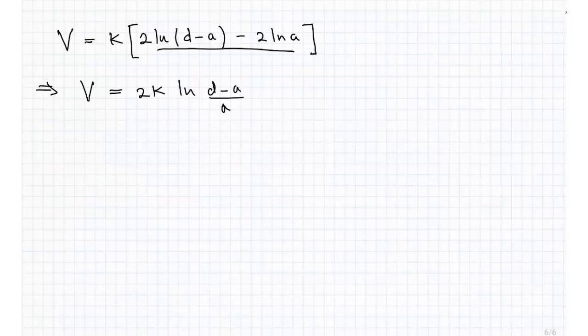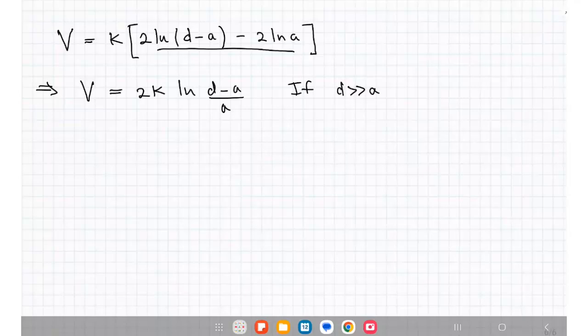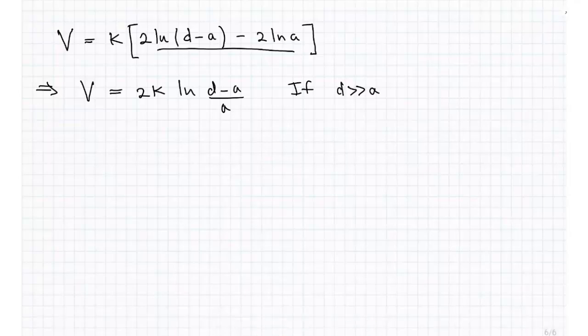And if d is much higher than a, because we are varying the distance r as a, V can be approximated to the following expression.